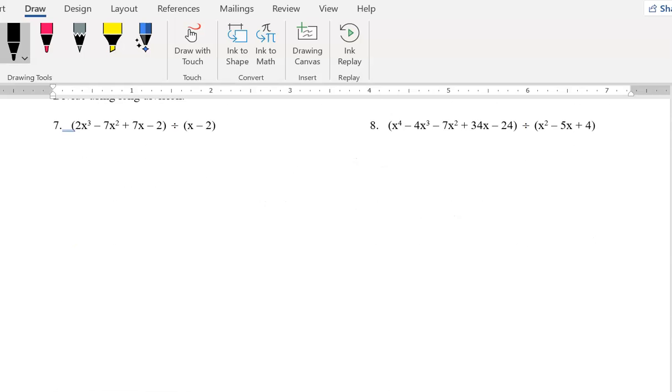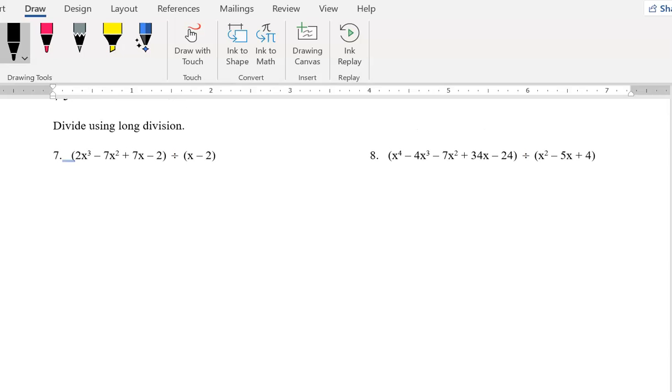All right, let's do some long division. So number 7 sets up like this. We divide x minus 2 into 2x to the third minus 7x squared plus 7x minus 2. Okay, so for long division, the first term, in this case x, divides into the first term, which is 2x to the third.